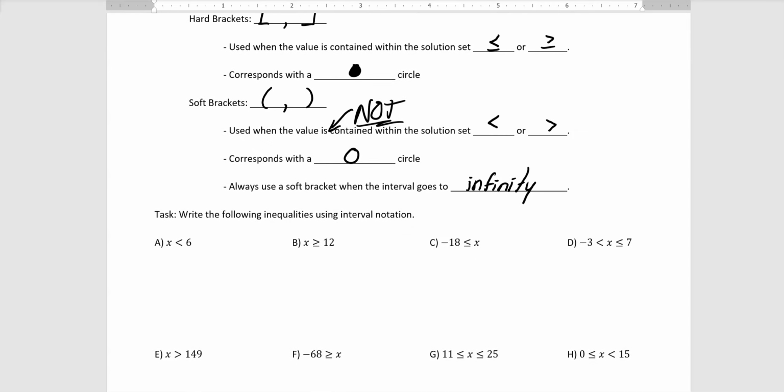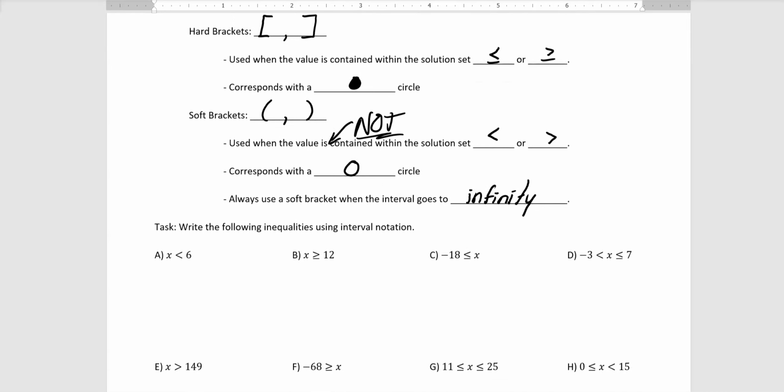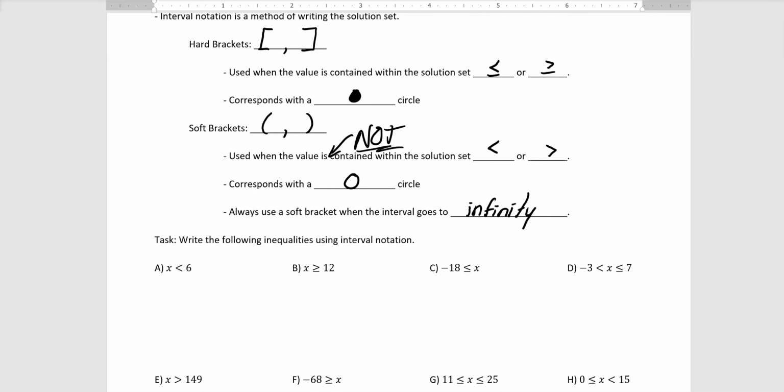So what I'd like us to do is use what we know about interval notation to do some examples together. Write the following inequalities using interval notation. Letter A, x is less than 6. When we write interval notation, we always go from least to greatest. So by saying x is less than 6, we need to think, what is the least value x can be? Some people might think 0, but that's not true because that doesn't include all the negatives.